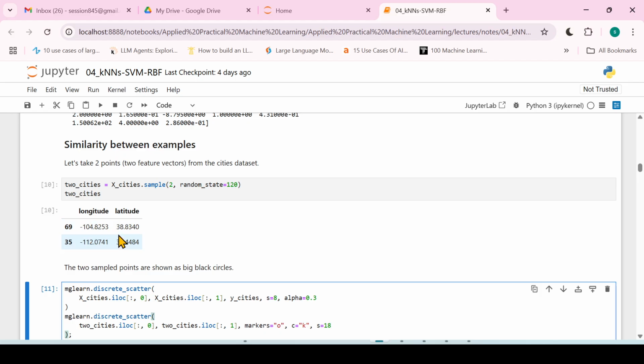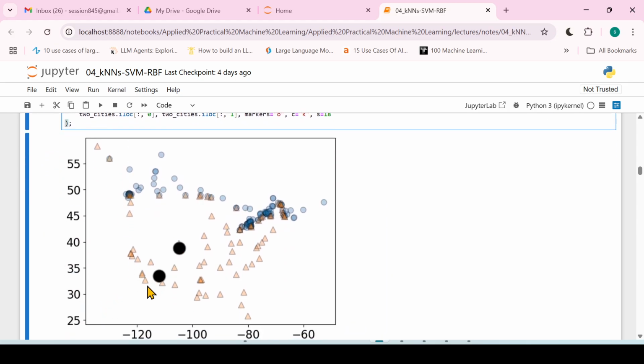Now let's say we want to know how similar these two data points are. The first thing that comes to mind is that to calculate the similarity we have to calculate the distance between both data points. If the distance between both data points is high, there will be very low similarity, right?